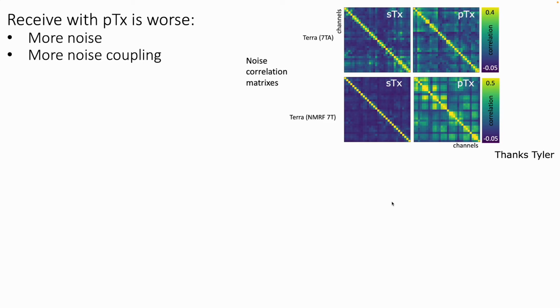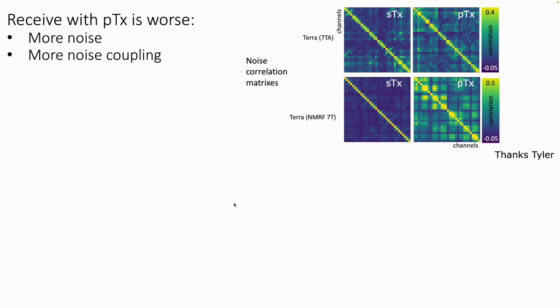After a bit of getting lost in the details, I think we came down to it mostly coming from noise coupling. Having more independent transmitters close to the receiver makes the noise in the individual elements more coupled. So across the different scanners that we looked at, we always found that the noise correlation is weaker for the STX coils as opposed to the PTX coils, where the noise coupling was in some scanners really, really high, consistently higher than STX.